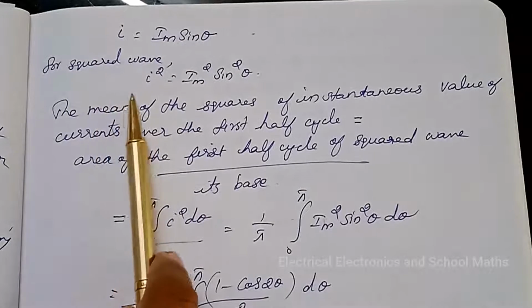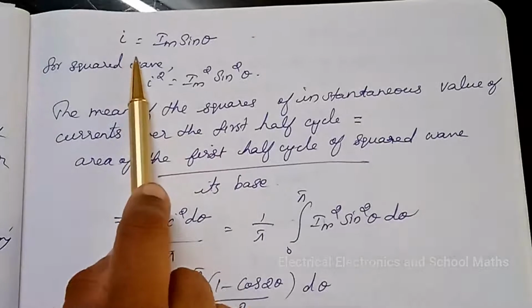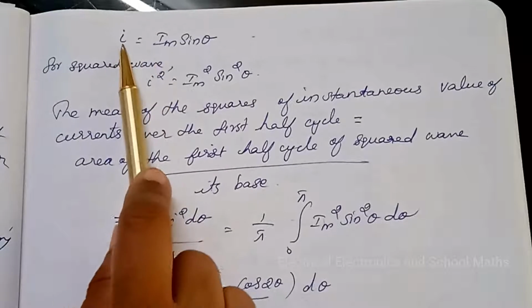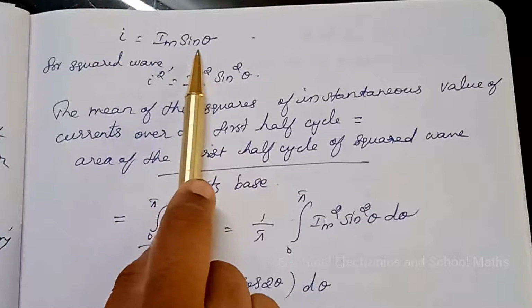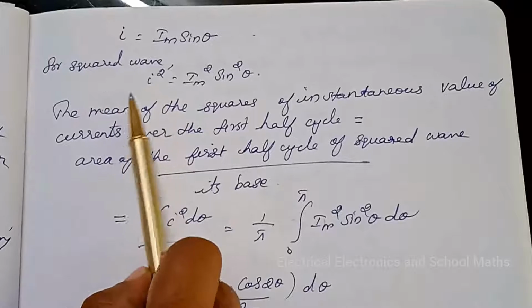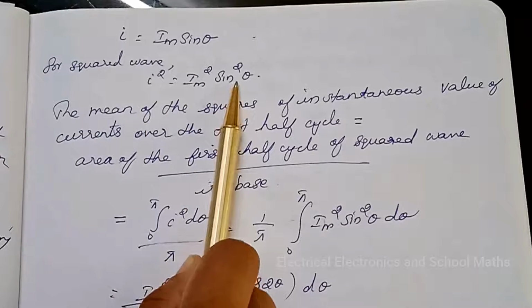To find the RMS value of an alternating quantity, the equation of sinusoidal alternating current is given by i = Im sin theta. Then the equation for the squared wave, i square is equal to Im square sin square theta.